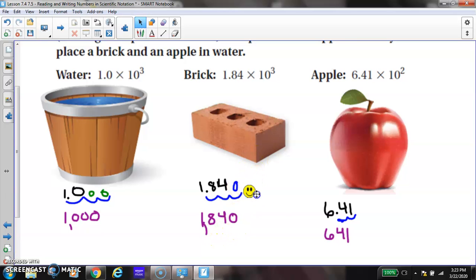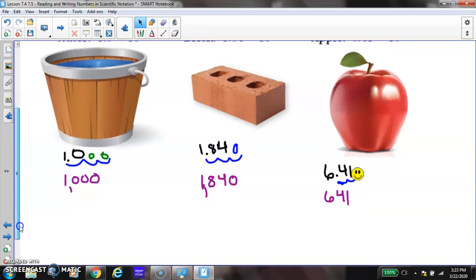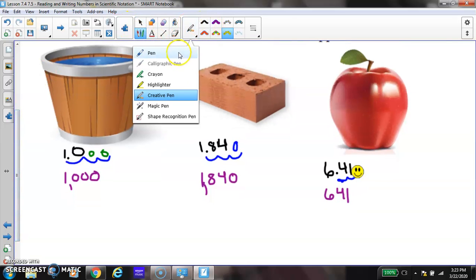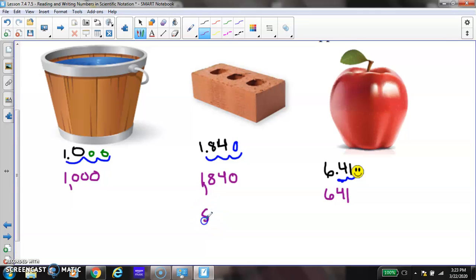And then same thing for the apple, but this time I only moved it 2 places because the power on 10 was a 2. So because the brick has a greater density than the water, that means that this is going to sink. And then, since the apple has a number that is smaller than 1,000, this one will float. I know, shocking. You're very surprised that this is happening.